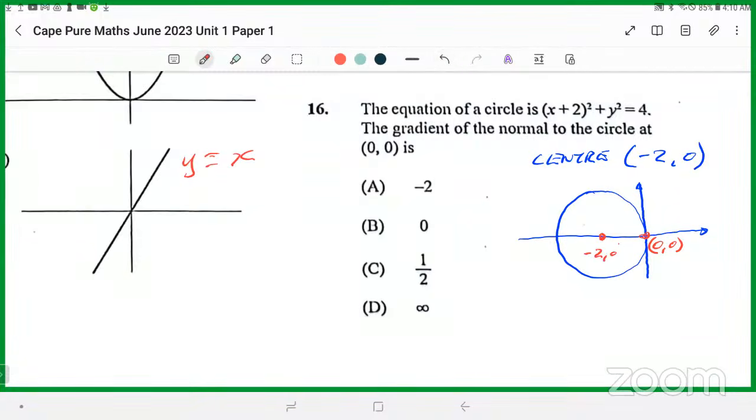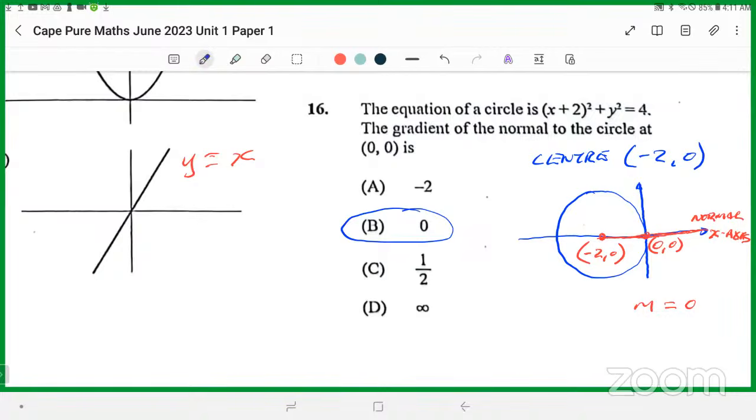And so the normal becomes the x-axis. The normal is the x-axis, and the gradient equals 0. So this is the answer right here.